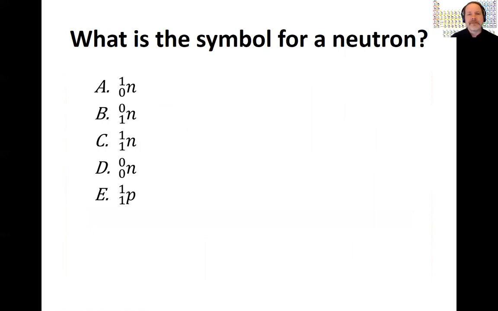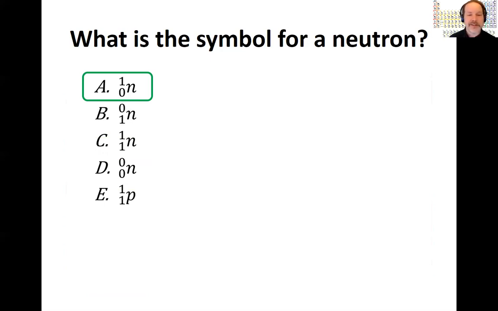All right, what is the symbol for a neutron? What do you think? So we're just reviewing this A and Z. What do you remember? All right, hopefully you picked A. Why would we pick A? Well, remember that atomic mass is the number on the top left. So that superscript on the left tells us its mass.